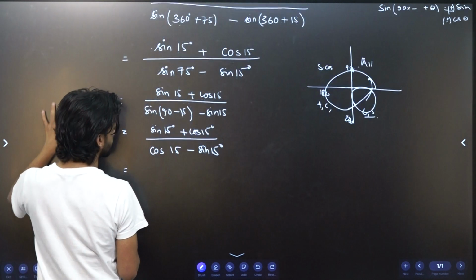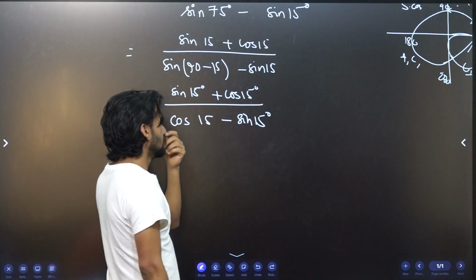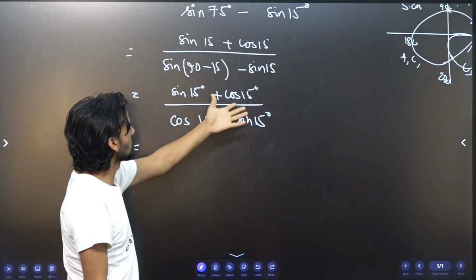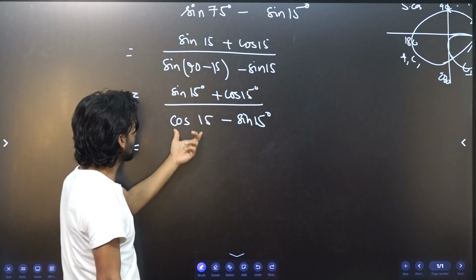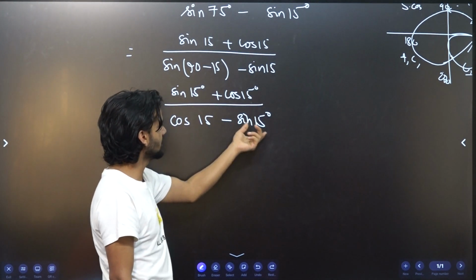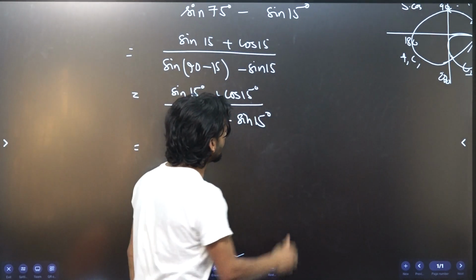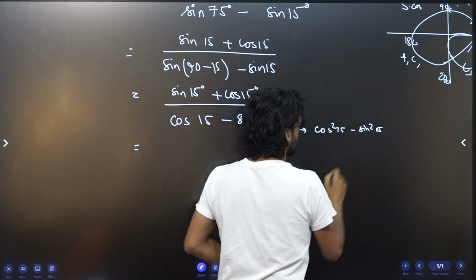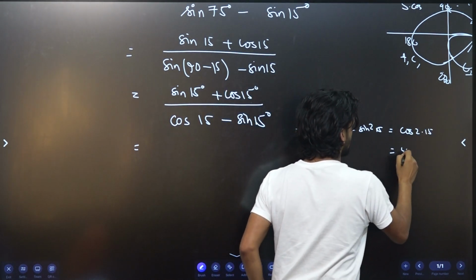Now, what we can do is multiply. We have no formula for sin C plus cos D or something like that. But if we multiply the denominator by cos 15 plus sin 15, it goes into the formula of cos square 15 minus sin square 15. Cos square minus sin square can be written as cos 2 times 15, which is cos 30 degrees.